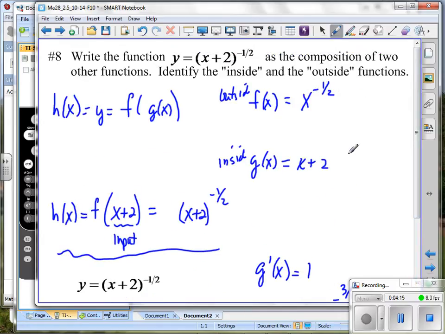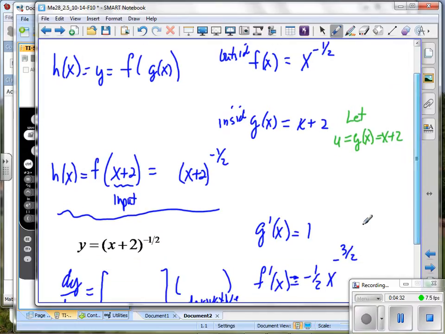If we go up here and say let u equal g of x, x plus 2. That's not too hard, is it? We're just going to let u equal that. Down here then, I can say this is the derivative of u with respect to x, and that's still going to equal 1. That's not changing anything.